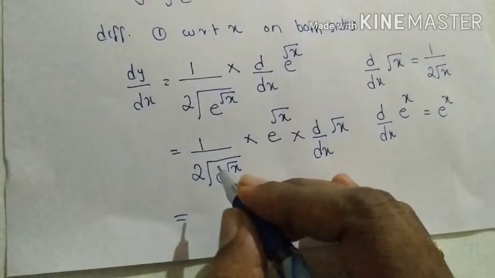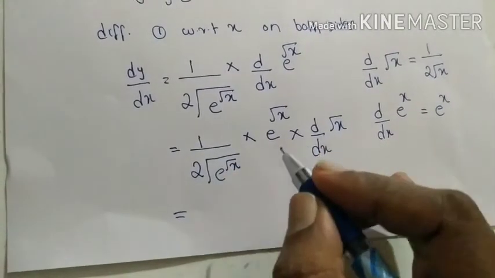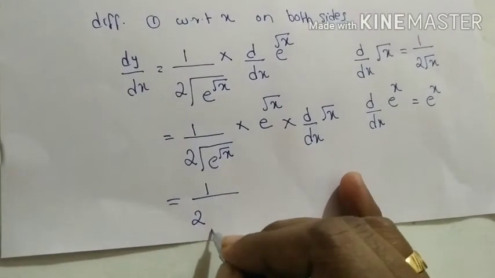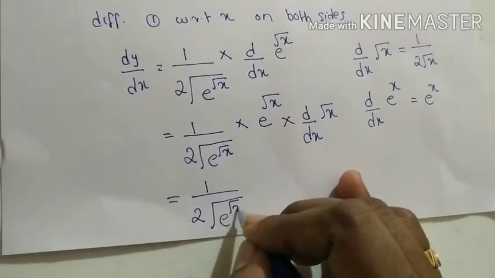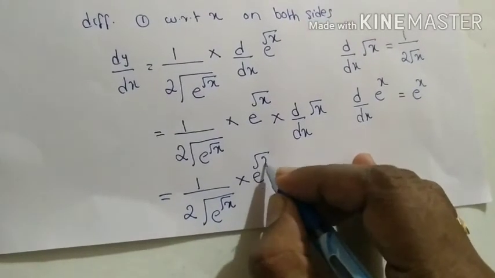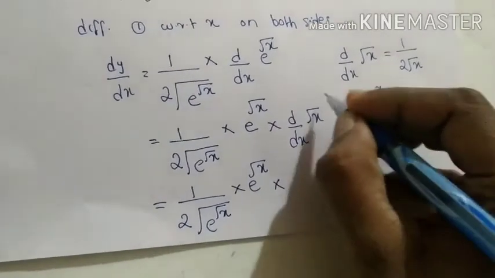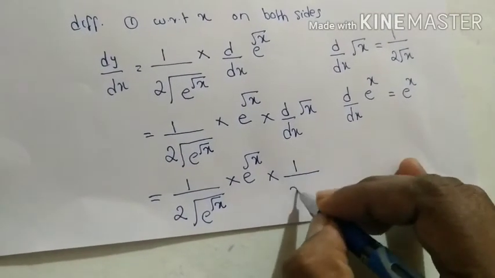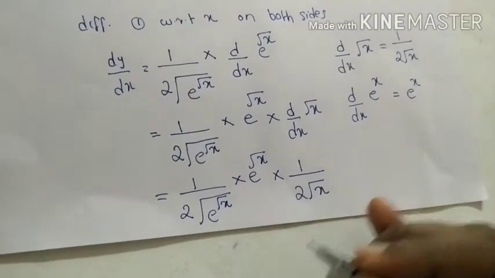The first and second terms remain the same. So write the first term, 1 by 2 root of e raised to root x, into e raised to root x, into the derivative of root x, which we replace by 1 by 2 root x.